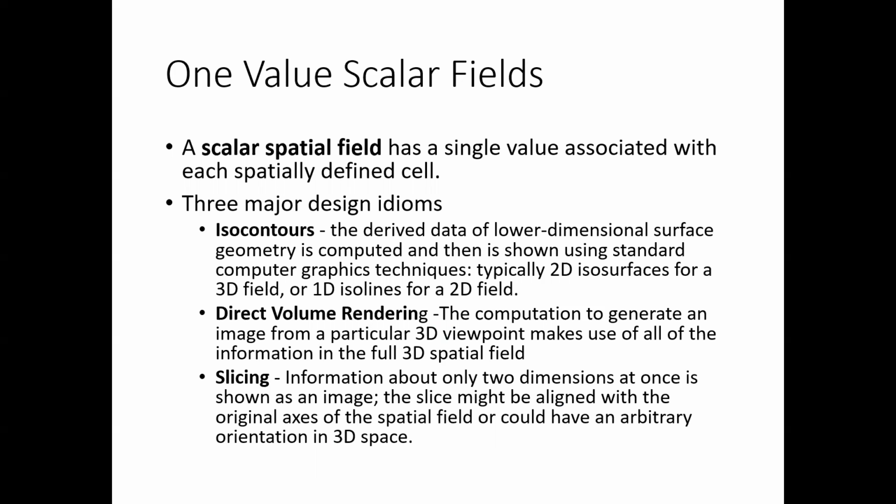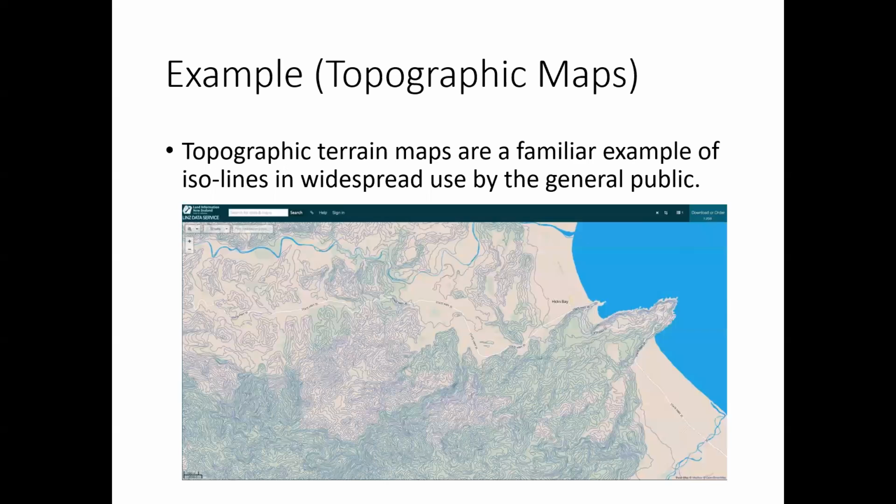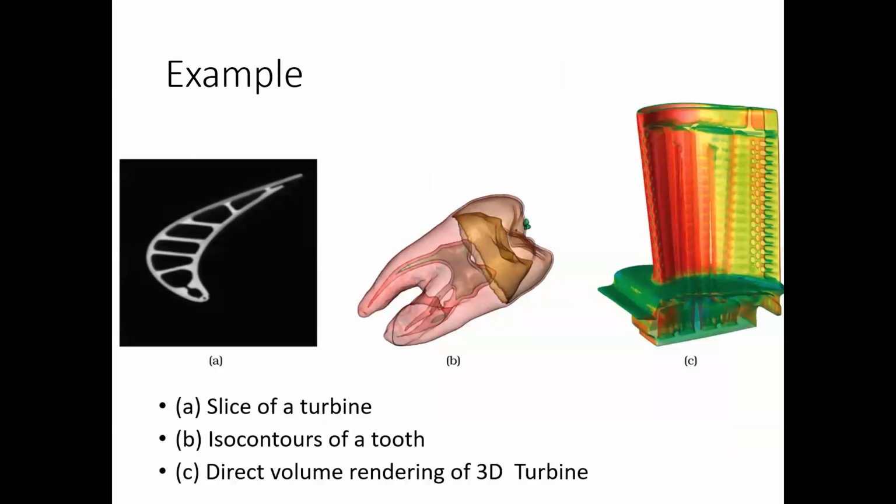One is isocontours, which we'll take a look at, direct volume rendering, and slicing, where you take away a dimension from the spatial data. So an example of isocontours, these are topographic maps, and these are familiar to people who do a lot of hiking, or if you're exploring an area for the first time, you can see how the elevation of the area changes or goes up and down.